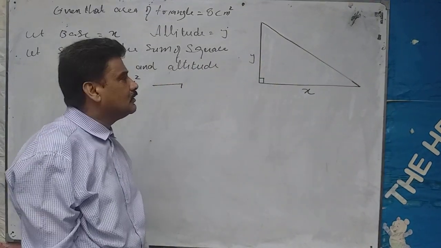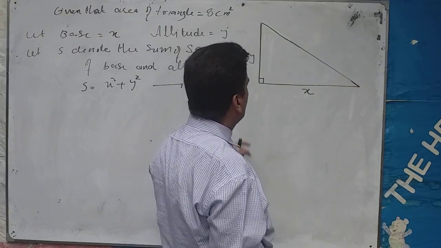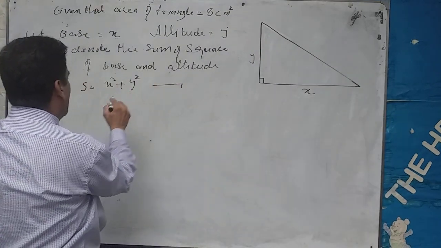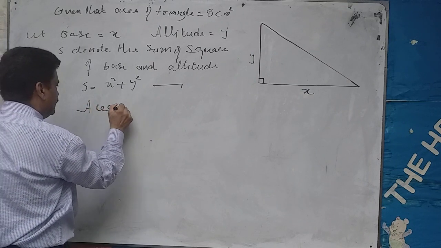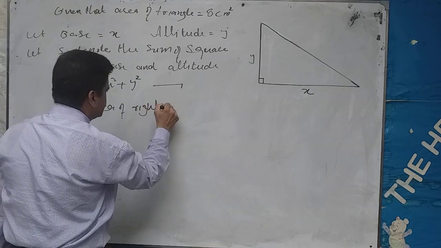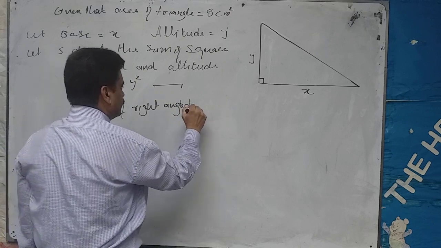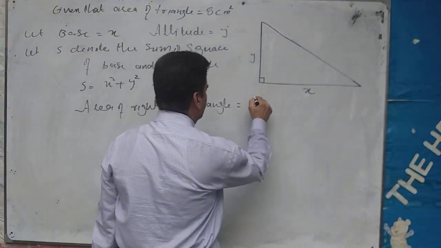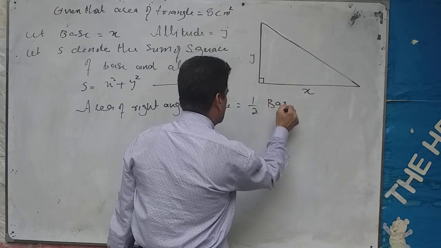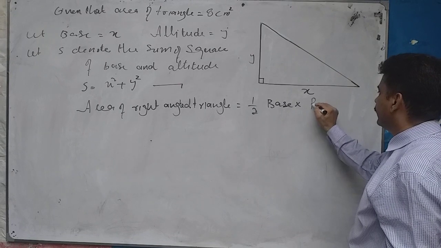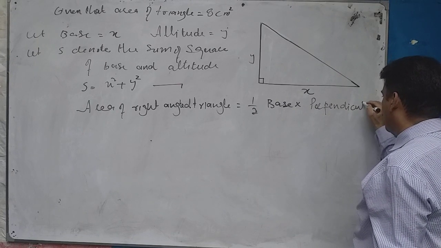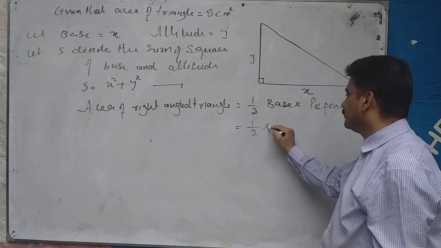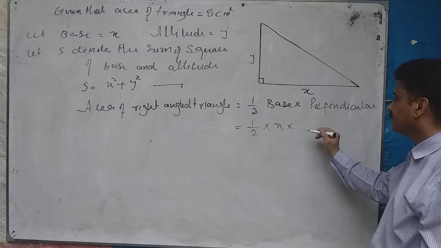You know that area of right angled triangle always is equal to half multiply base multiply perpendicular, which is equal to 1 by 2 base, which is x, multiply perpendicular or altitude of triangle, which is y.